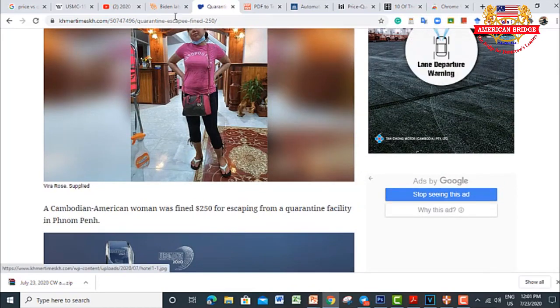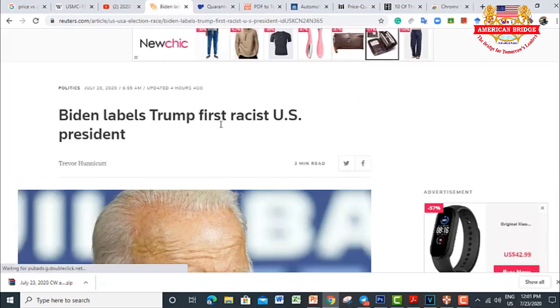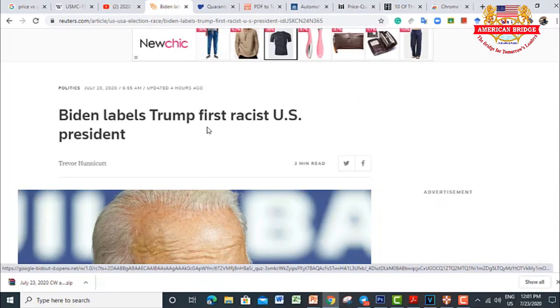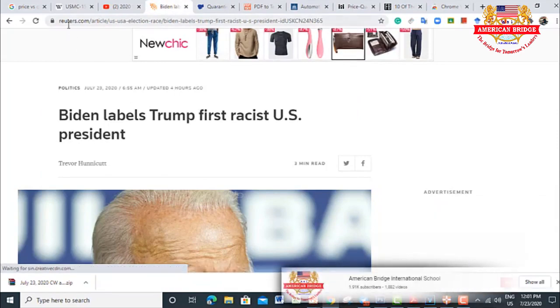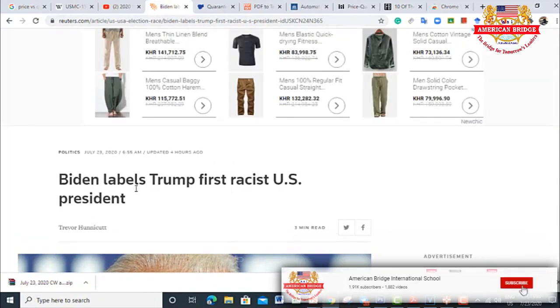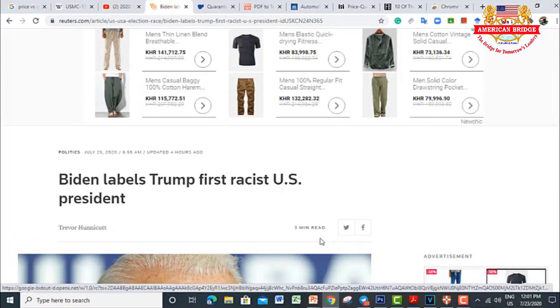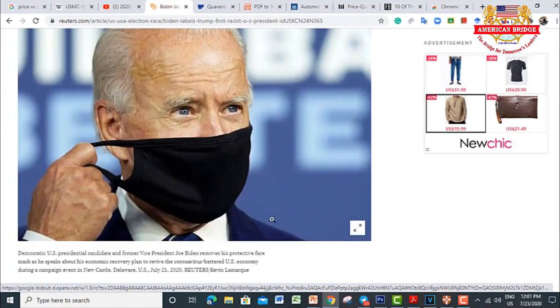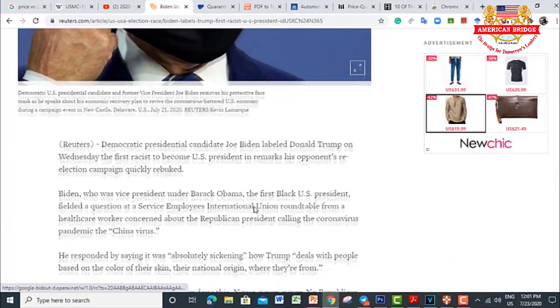Okay, one more thing, teacher would like you to go to Reuters. If you love international news, we read Reuters. Recently, the title was Biden labels Trump the first racist U.S. president because a black man was killed by the police. And there are protesters in the United States until now.